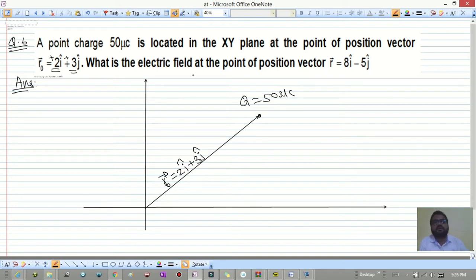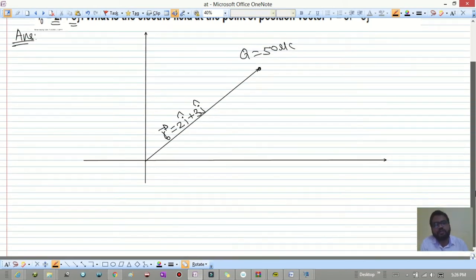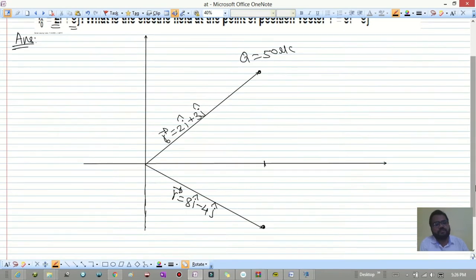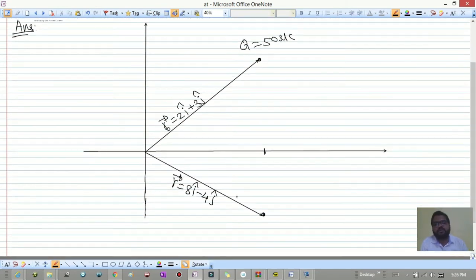Now, what is the electric field at the point of position vector 8i hat minus 5j hat? So 8i hat minus 5j hat indicates 8 along the positive x-axis and 5 along the negative y-axis. So it is somewhere here. The position vector they gave is r bar, and that is 8i hat minus 5j hat.